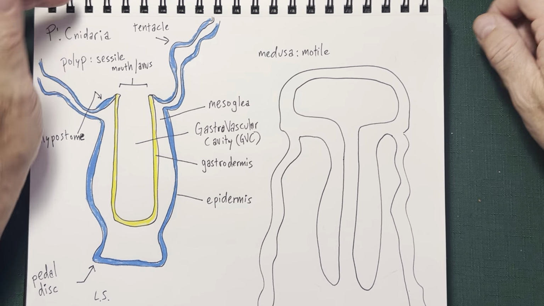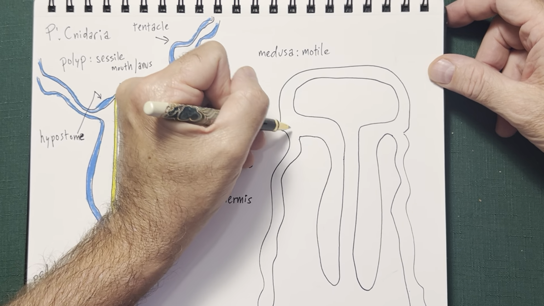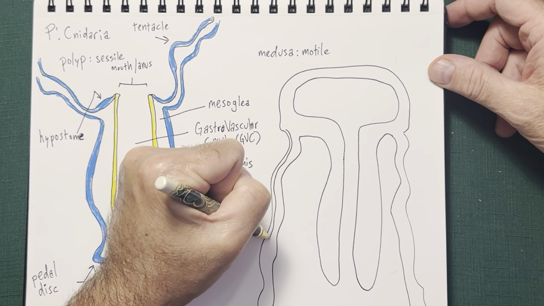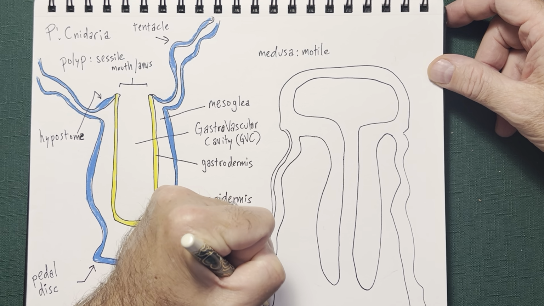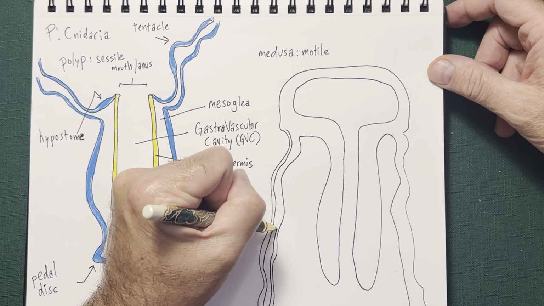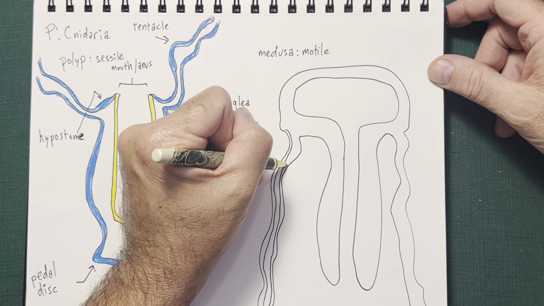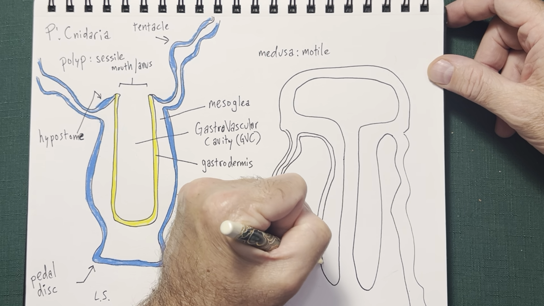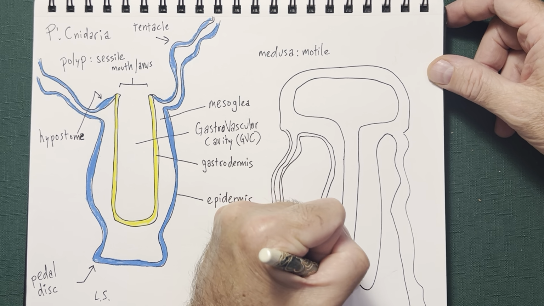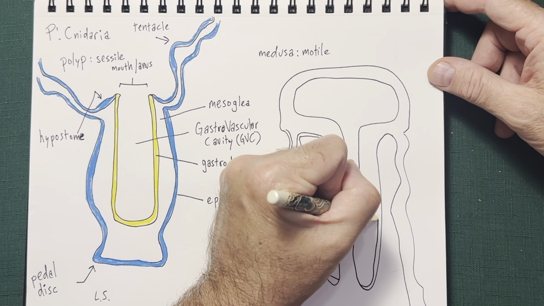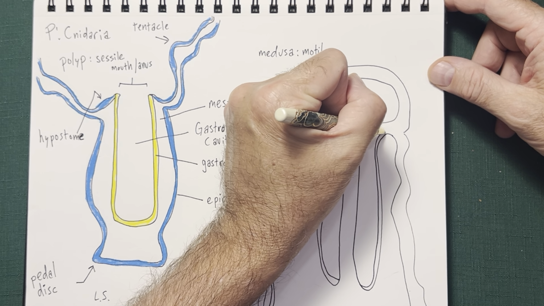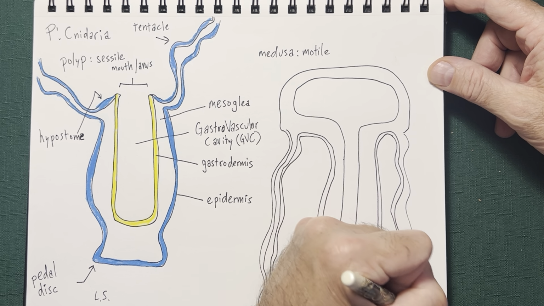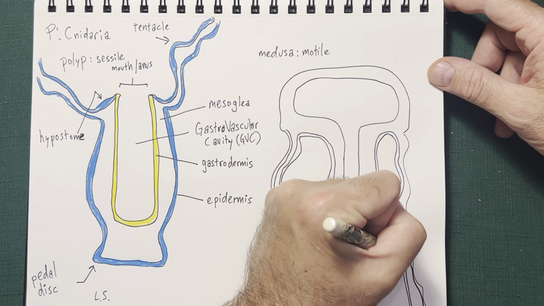Okay. So now I'm going to double up these lines again carefully so I can use my blue colored pencil. Oh, careful, careful. Okay, that's going to be where our epidermis stops and our gastrodermis begins, around that thing that's dangling down in the middle.